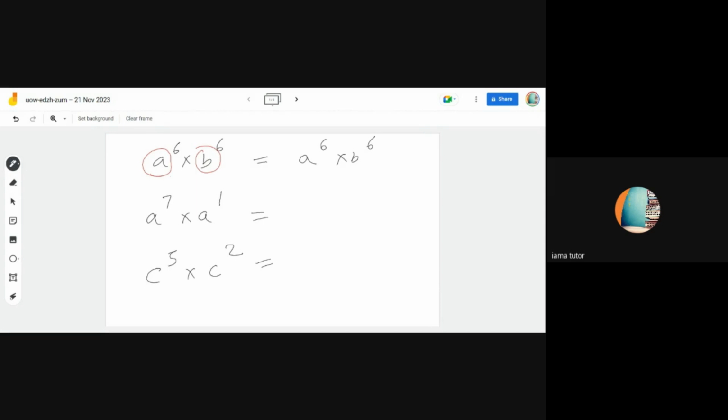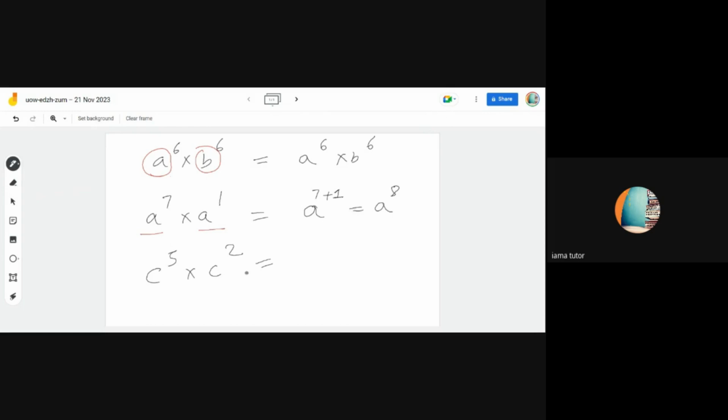If you see the second question, your bases are the same, so the law of indices for multiplication applies here. You keep the base as A and simply add the powers. That gives A power 8.